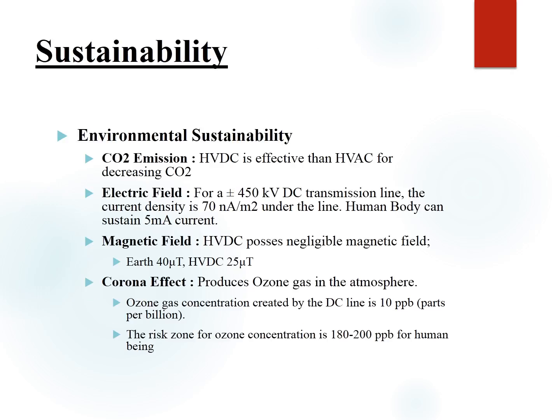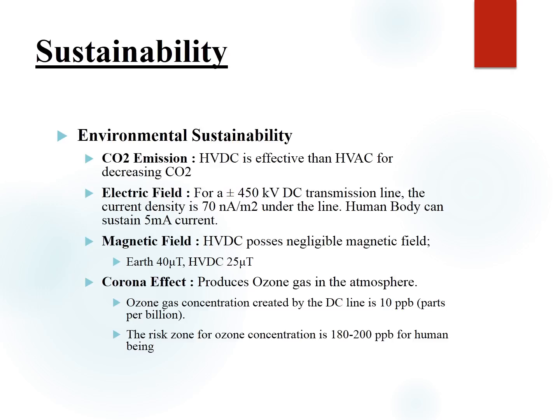Now we compared the sustainability aspects for high voltage AC and high voltage DC transmission systems. High voltage DC is more effective for reducing the emission of carbon dioxide than high voltage AC, because high voltage DC is more feasible for incorporating renewable generation into the network, which reduces the dependency on traditional power generation, like burning coal and emitting carbon dioxide gases.